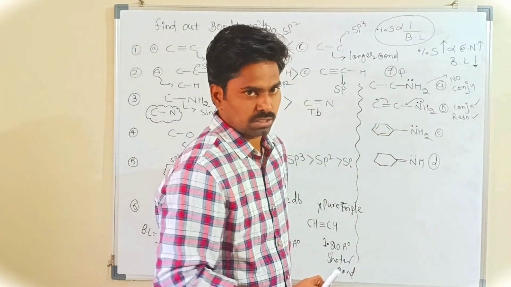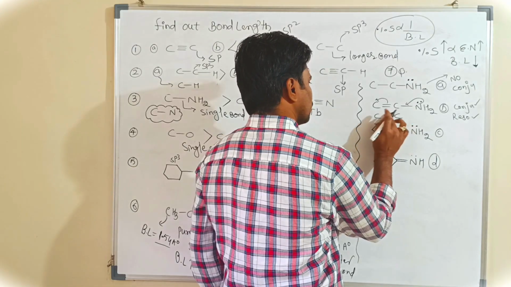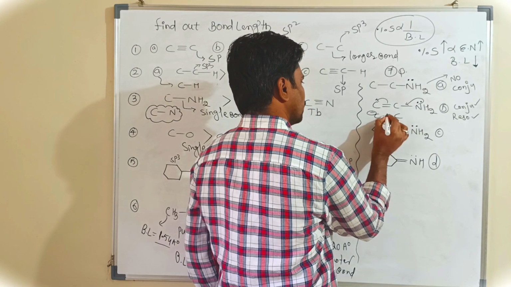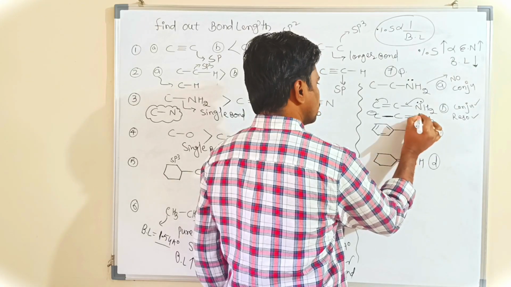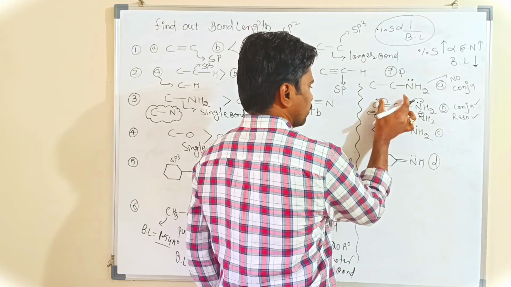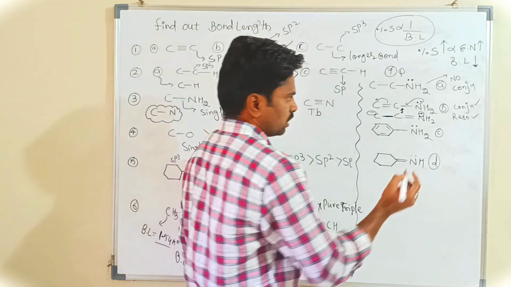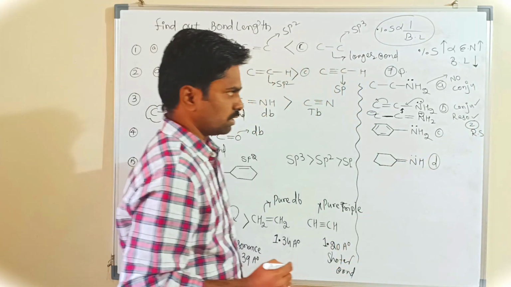There are 2 resonating structures formed by this. One carbon gets a minus charge, and the double bond nitrogen gets the positive charge. So this is one, and there is one up and one down. How many resonating structures? 2 resonating structures.